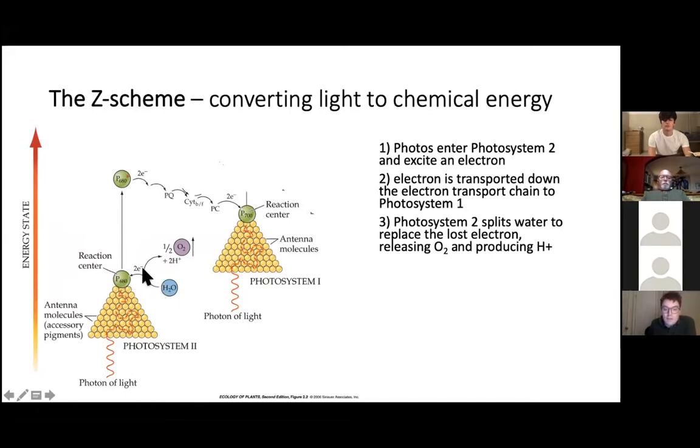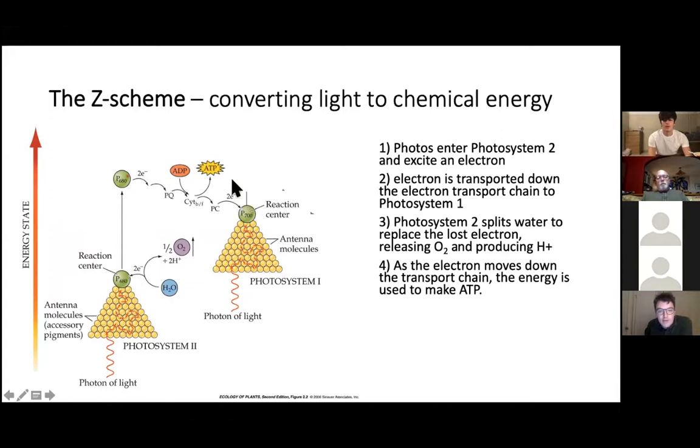So electrons are stripped from the water molecule. Gaseous oxygen is released, some hydrogen ions are made available, and they flow around in the stroma of the chloroplast. They're used for various purposes that we didn't go into detail on, and the oxygen is released and the electron goes here.